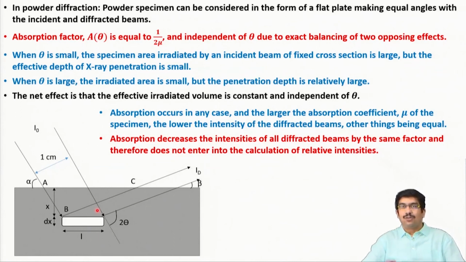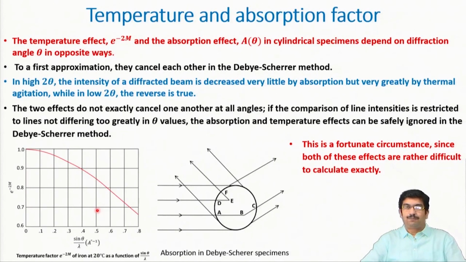So, finally the absorption factor decreases the intensity of all diffracted beams by the same factor, and it does not enter into the calculations of relative intensity. So, in case of a powder specimen, we can safely remove the absorption factor when we calculate the final diffracted intensity. Okay.